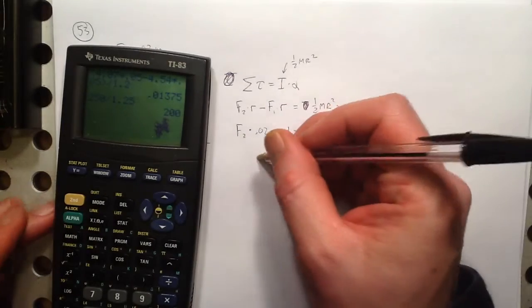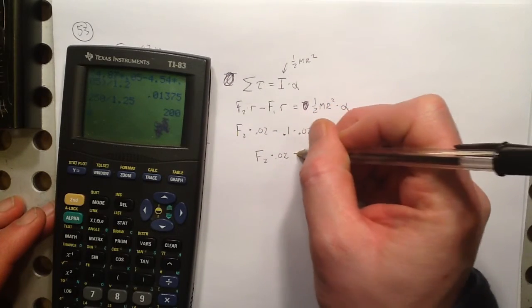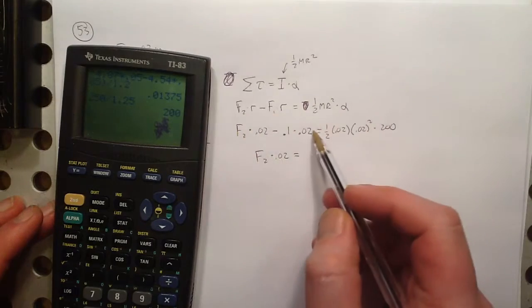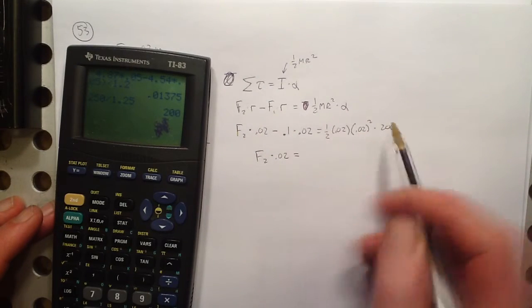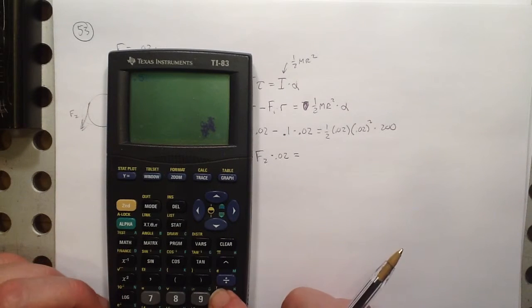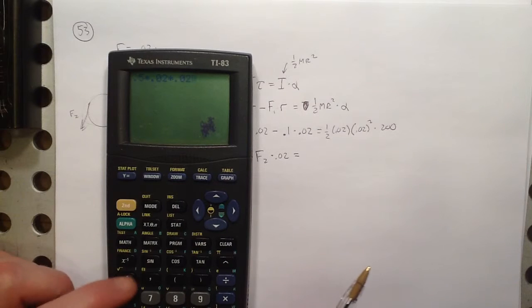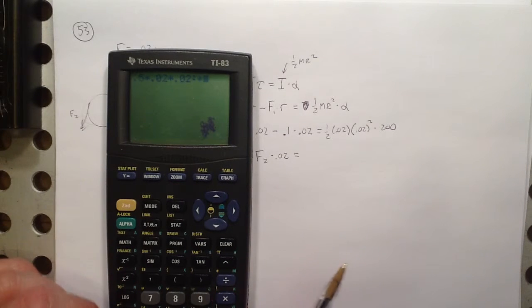So I think what I'm going to do is leave that there, and then I'll calculate this and add that over to the other side. So I've got 1/2 times 0.02 times 0.02 squared times 200. Then I have to add this over to there, 0.1 times 0.02.